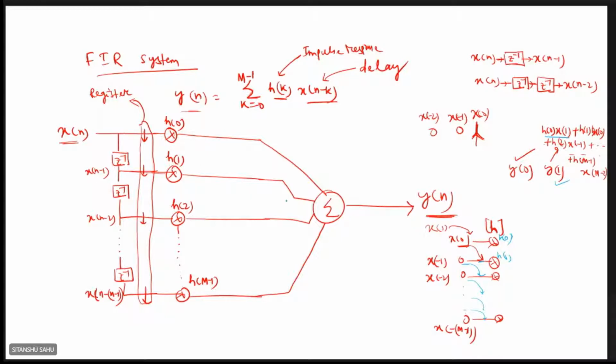So ultimately, in every computation of every value of output y of n, we pass a fresh value of the input to this register, and what was there earlier here goes to the next register value, and what was here goes to the next register over here. Like that you go on shifting 1 unit, isn't it? Yes. That means 1 unit you go on shifting.